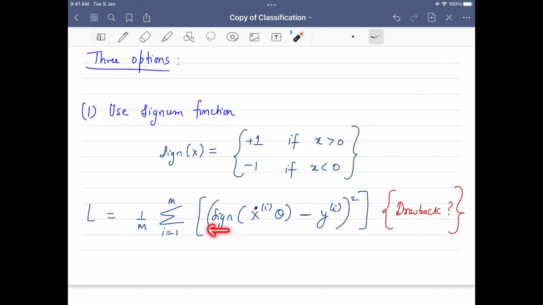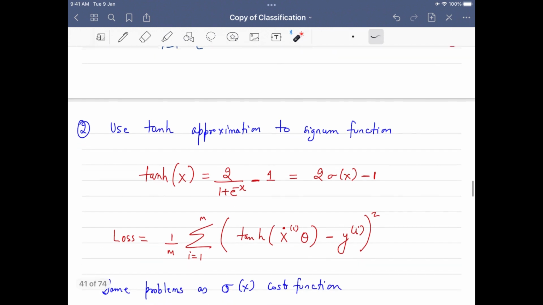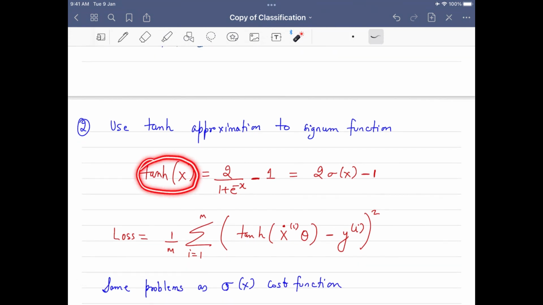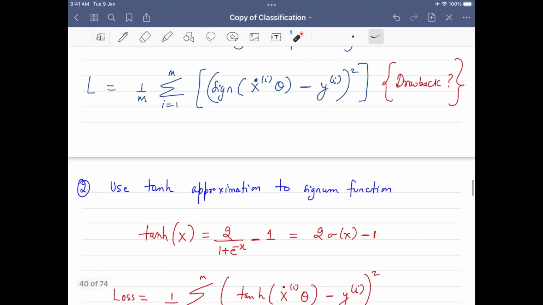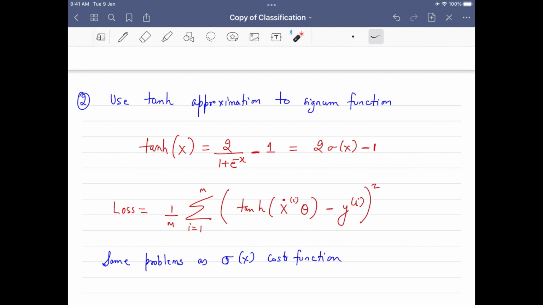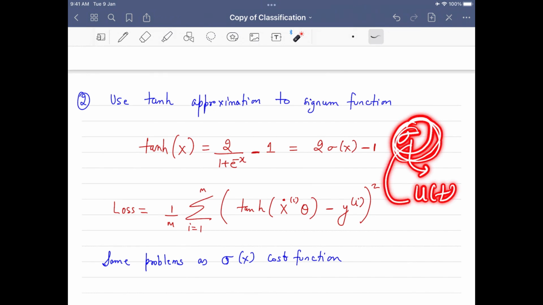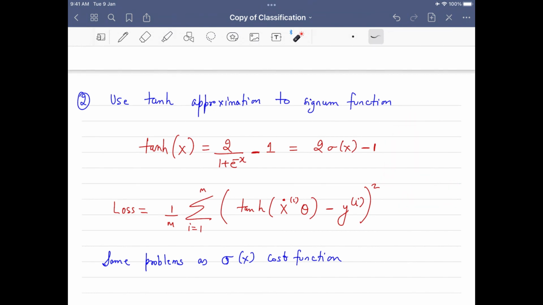So we will approximate this Signum function by the tan hyperbolic function. Tan hyperbolic is basically a smoother approximation to the Signum function, as sigmoid is a smoother approximation to the unit step.